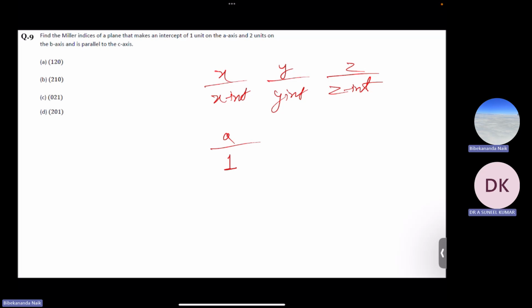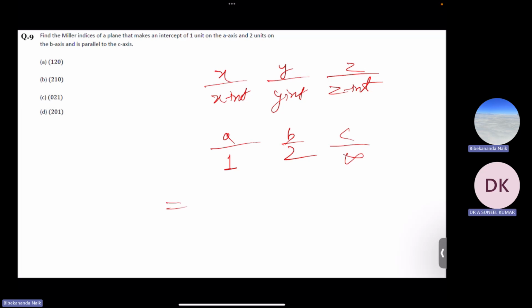Then on the b axis it is 2, so it will be b by 2, and in the c axis the plane is parallel to c, so it has no intercept at the z axis. So it will be c by infinity, isn't it?